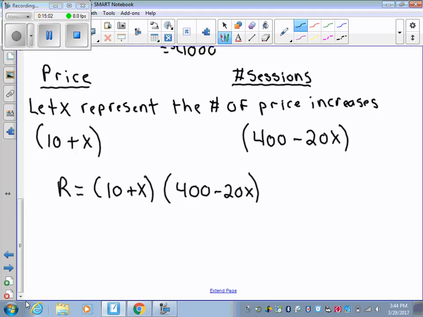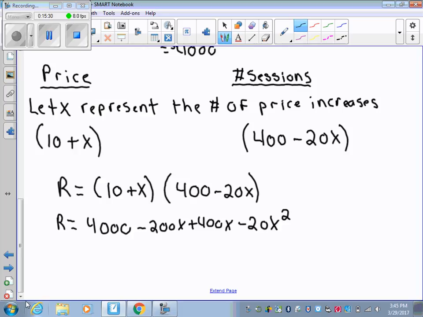So if I FOIL this, multiply it, I am going to come up with a quadratic equation. So let's do the FOIL. 10 times 400 is 4,000. 10 times negative 20x is negative 200x. X times 400 is positive 400x. And x times negative 20x is negative 20x squared.